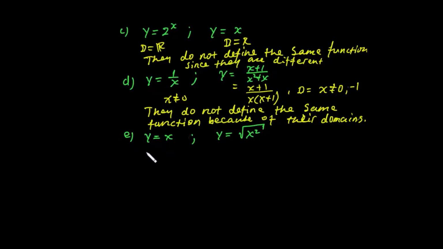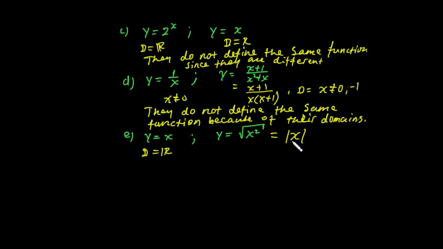Because of this, going to e: y equals x has domain all real numbers. We have seen this repeatedly; it is a linear function. Y equals the square root of x squared: the number inside is positive, since the square root is possible only for positive numbers. So the square root of x squared is not equal to x; it equals the absolute value of x.